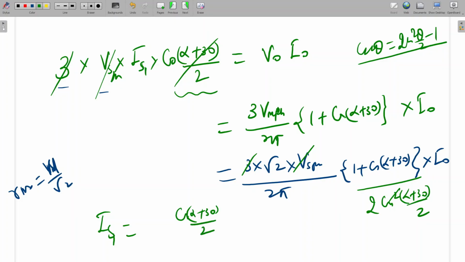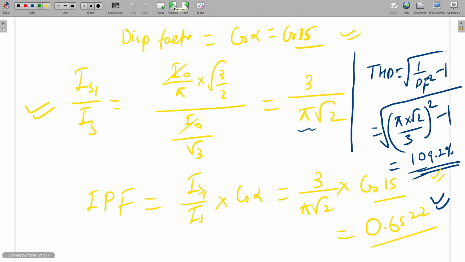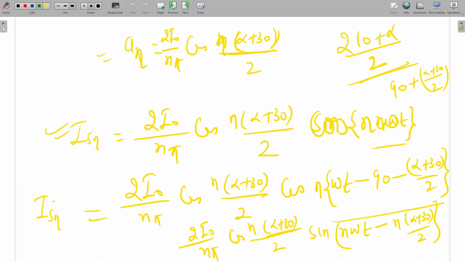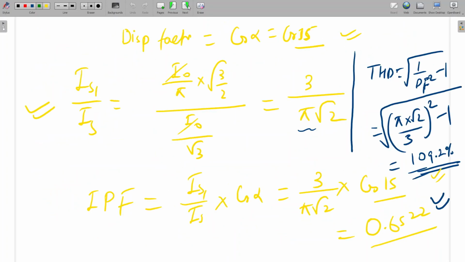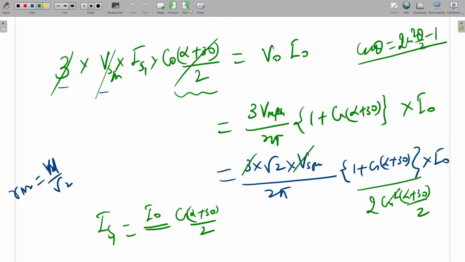Is it okay? And here I naught. How much did we get for the fundamental? 2 I naught upon pi cos (alpha plus 30) by 2. So root 2 I naught upon pi cos (alpha plus 30) by 2. One second.